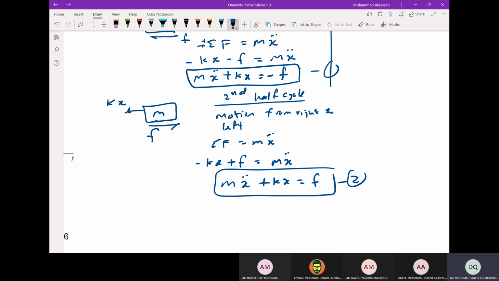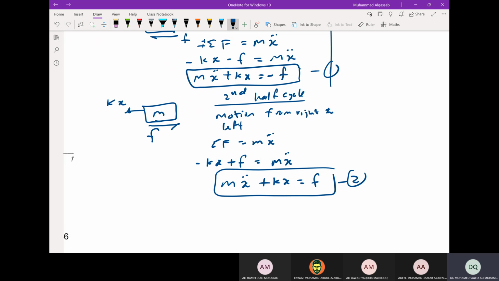The right-hand side, for equation 1, is minus f, which is a constant, and f for the second equation, which is just a constant. And when you put the solution, the left-hand side is similar to the undamped system. There is no c times x dot here. So this is the left-hand side, same as the undamped.